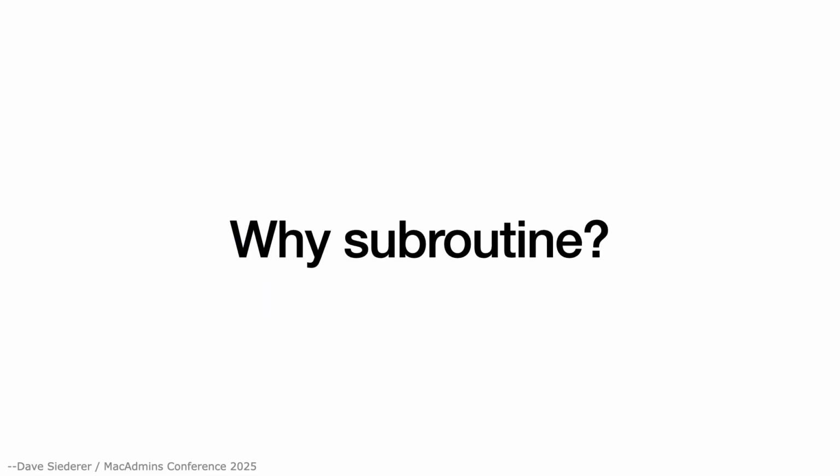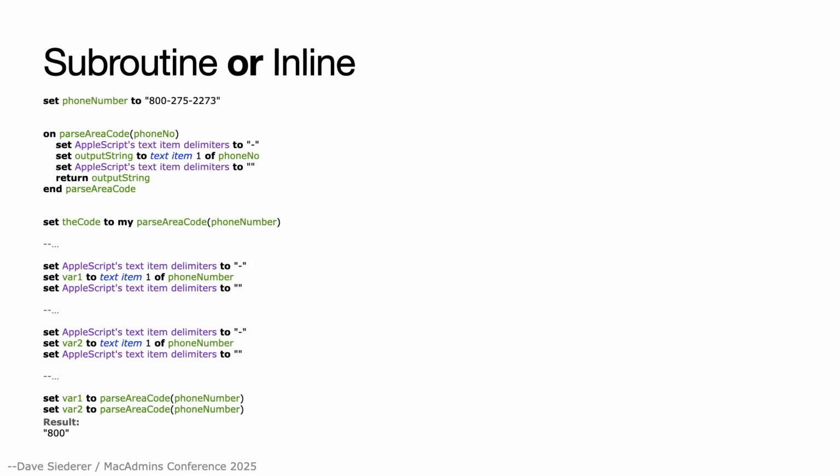So getting into AppleScript a little deeper, subroutines. If you're familiar with Bash, it's a similar concept: a piece of code that, if you need to run it more than once, makes it a little easier. We've got these examples here where we've got kind of an inline.